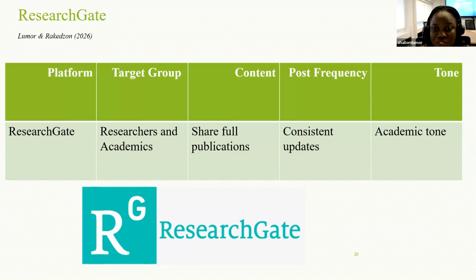But our research is purposely based on just LinkedIn, X, and ResearchGate. Then you share full publications and consistent updates. And for ResearchGate, it's purely an academic tone, because when you're being conversational, you may not even see people engaging with your work.